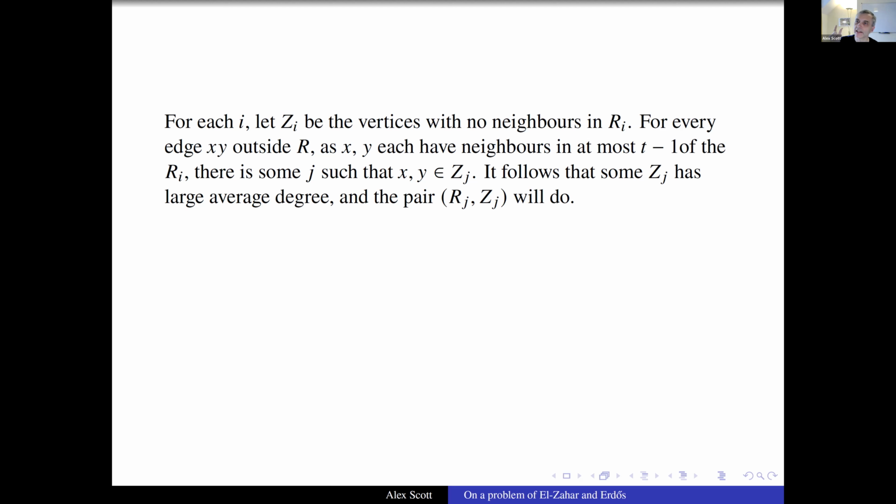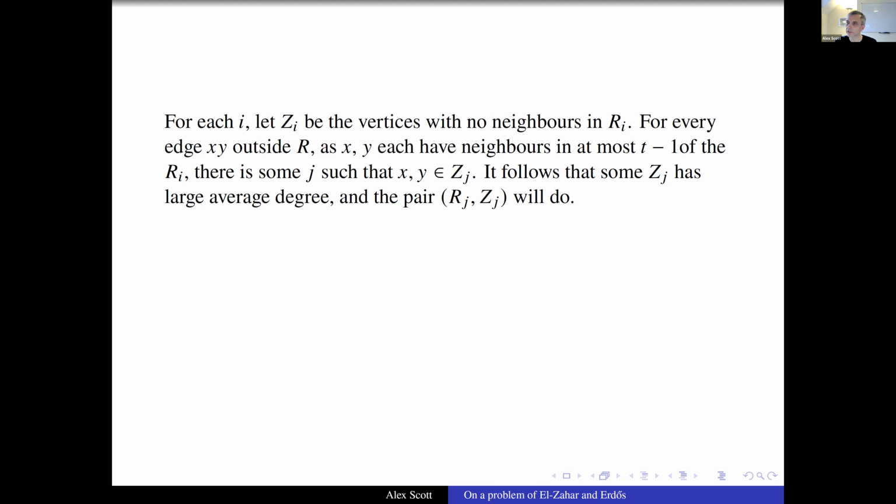So every edge outside R belongs to at least one of the Zs. And since outside R we have large average degree, and R has bounded size, it follows that one of the Zs must have large average degree, and therefore the pair Rj, Zj will do, after dropping down to subgraphs with large minimal degree.